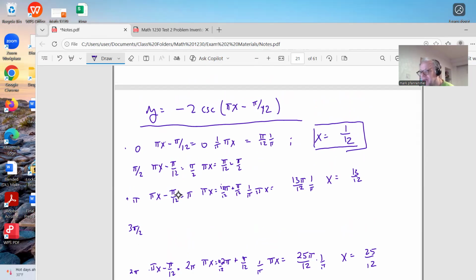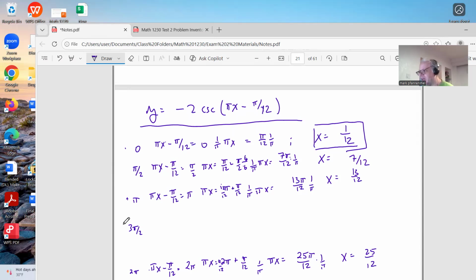Let's get a common denominator, so let's go with 6 over 6. So I've got 6 pi over 12 plus 1 pi over 12. We have pi x equals 6 plus 1, which is 7 pi over 12. Then we multiply by 1 over pi on both sides to get x equals 7 over 12.